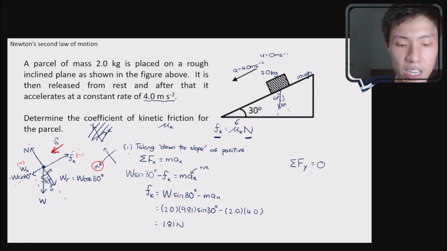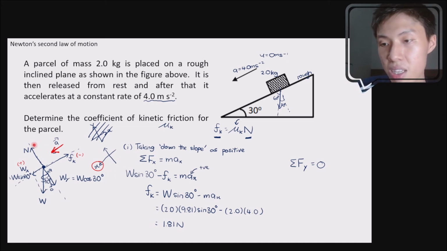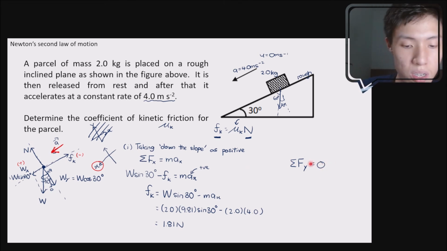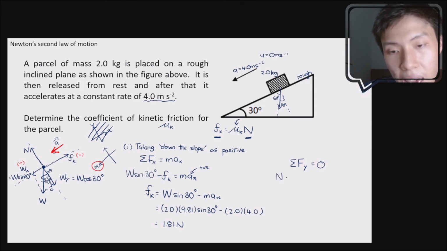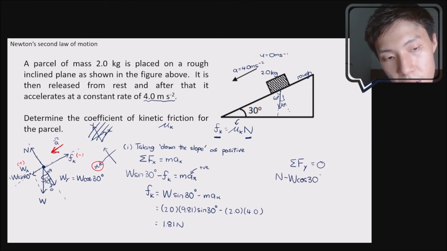So I can choose to take either N minus W cos theta, or W cos theta minus N. Both are fine because the answer will be equal to 0. So let me write N minus W cos theta, cos 30°, equals 0. Then N is equal to W cos theta, cos 30°.